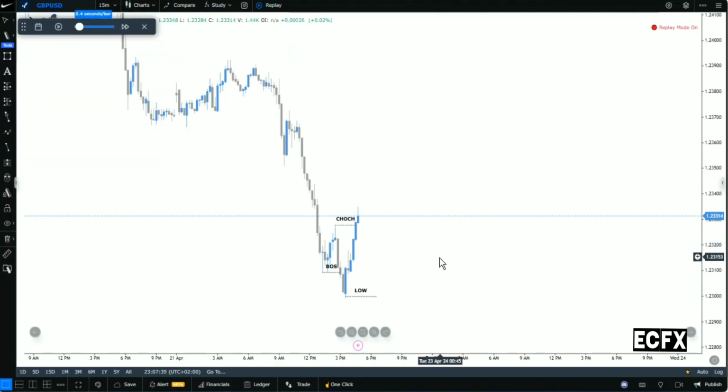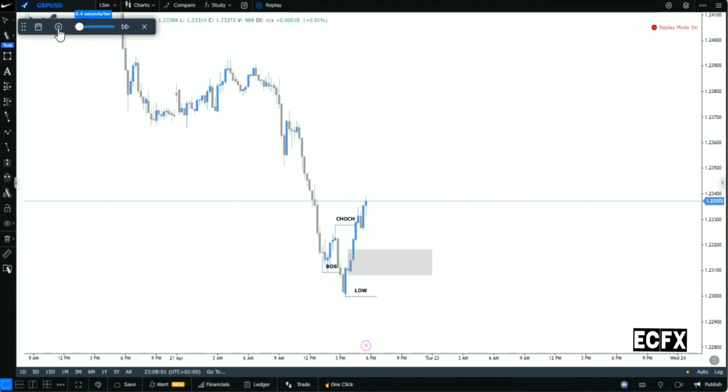Alright, so that's the very first break of structure in the opposite direction after we've marked out our highs and our lows. So break of structure to the downside, change of character to the upside, right? So in this case, I would identify a key level for me to take a trade from, or a position or a contract, whichever you would like to call it.